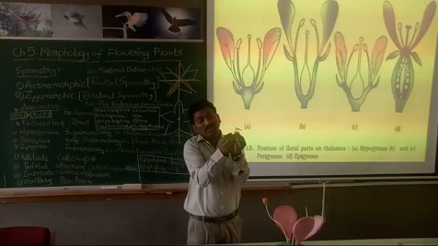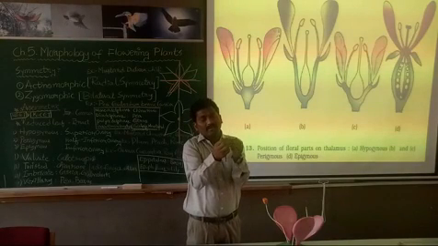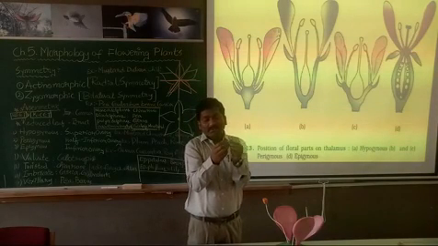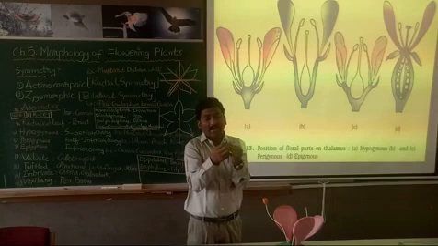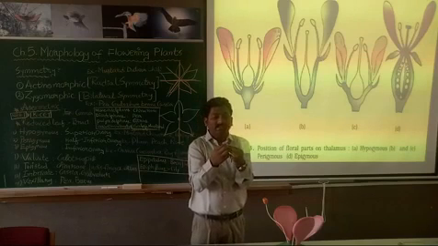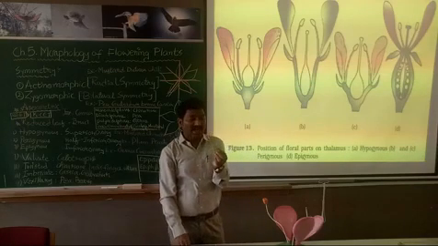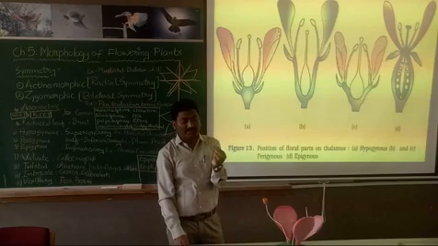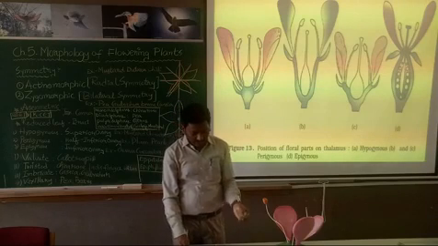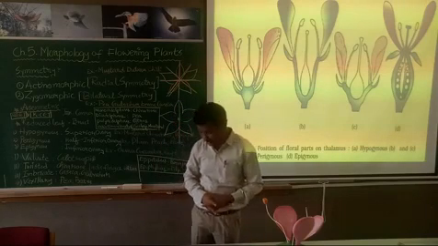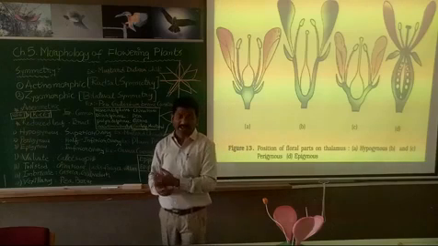So this leaf is modifying into a bract. If bracts are present at the base of the flower, the condition is called bracteate. Suppose the bracts are absent at the base of the flower, that nature is called ebracteate. Opposite: bracteate and ebracteate.